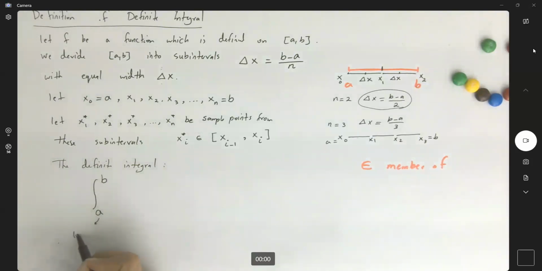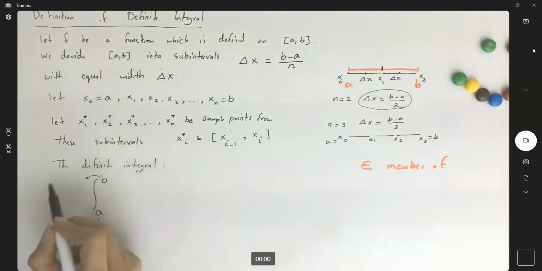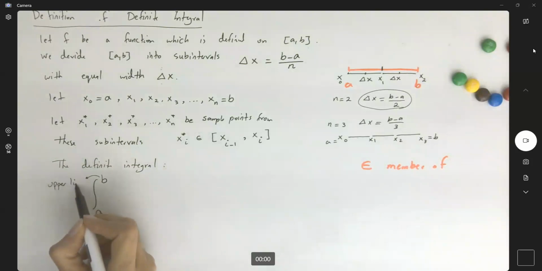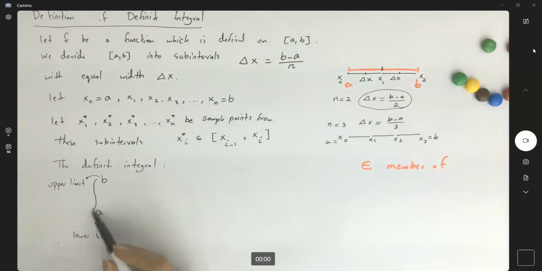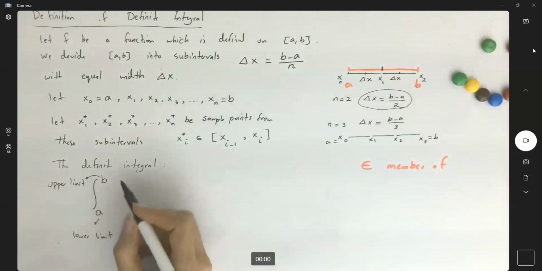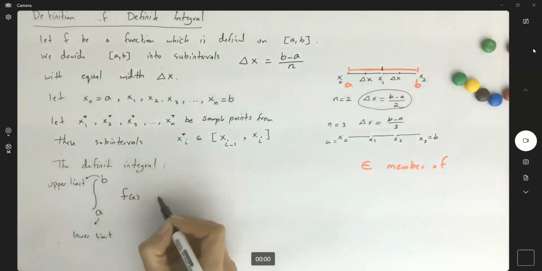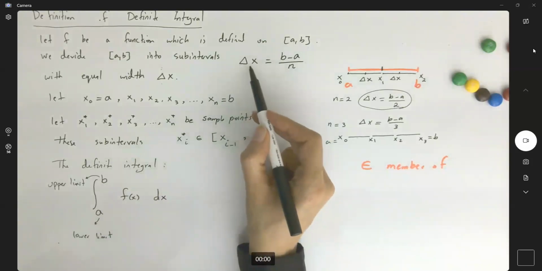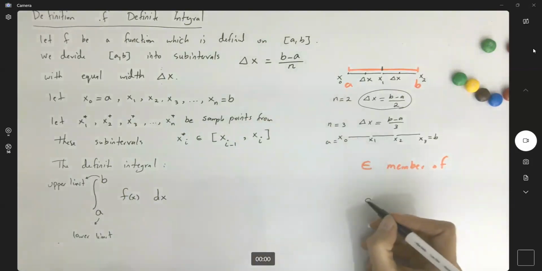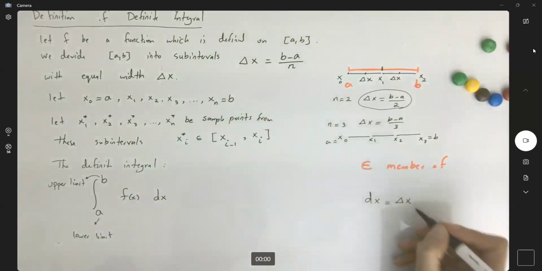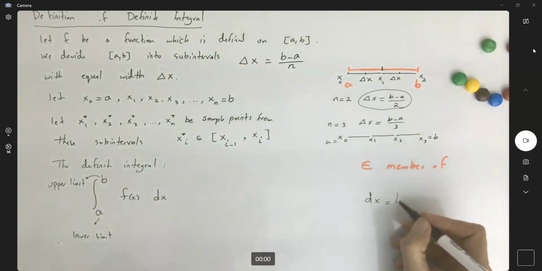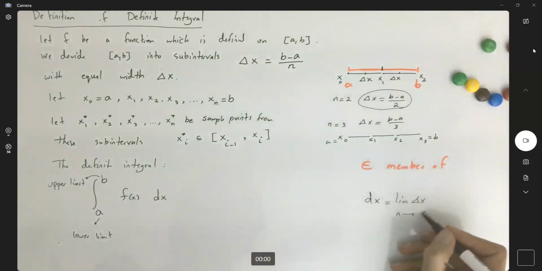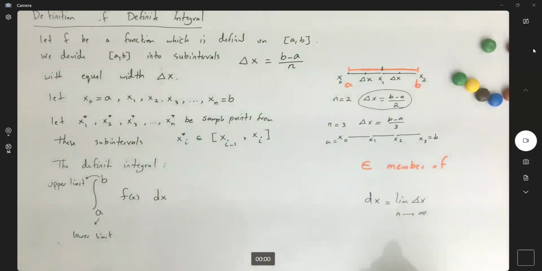So this is called the lower limit of the integral, and this is called the upper limit of the integral, of the function f of x dx. dx is the same as delta x as n approaches infinity. So you're taking the limit as n approaches infinity. You're trying to make these very small.